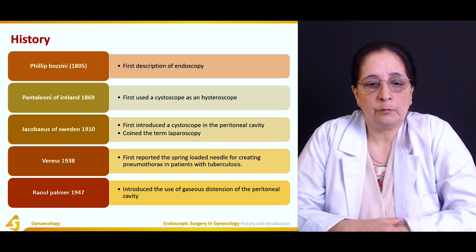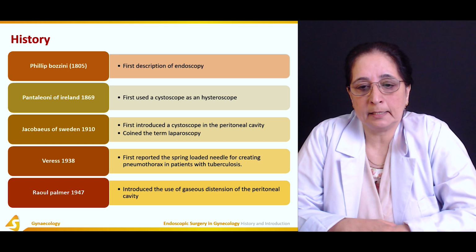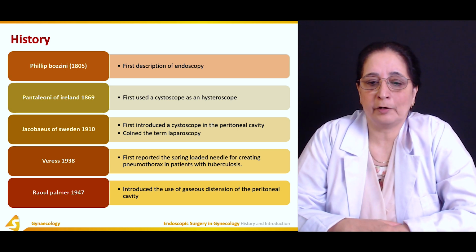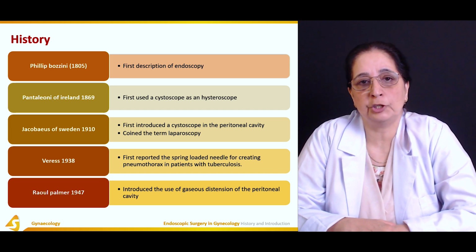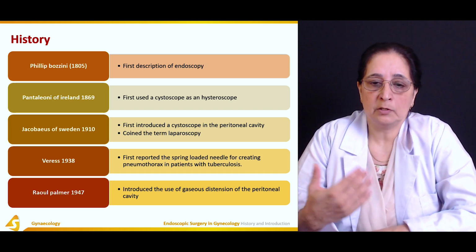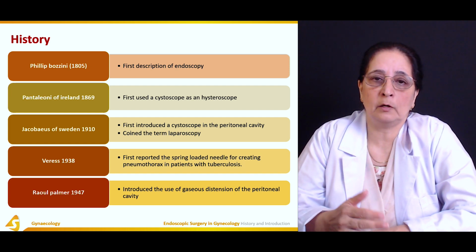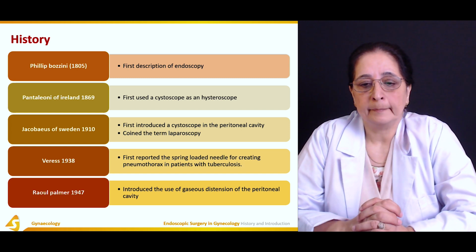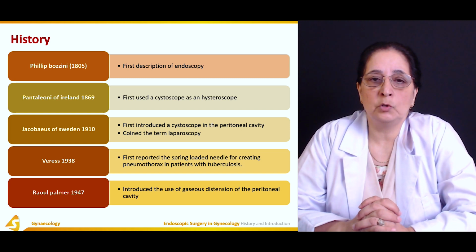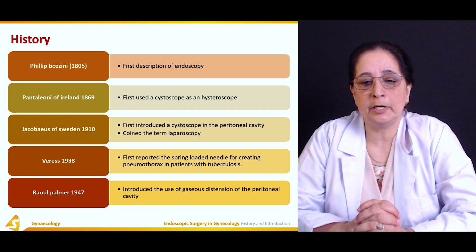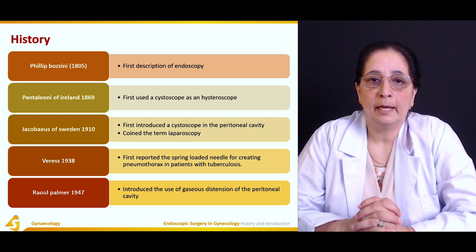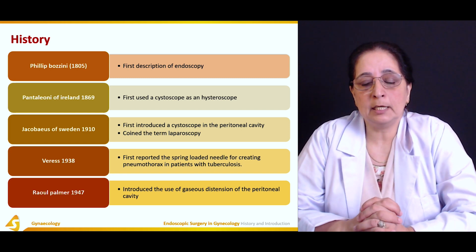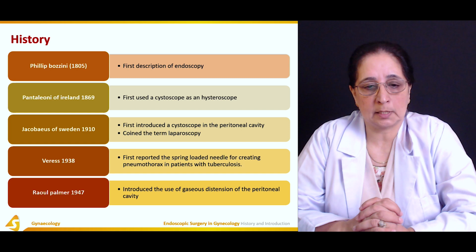Then after that, Voorhees in 1938 first reported the spring-loaded needle for creating pneumothorax in patients with tuberculosis. So step by step, these developments were advancing. He first started the use of the syringe for creating pneumothorax, for inserting air. Pneumo is air in the chest, for treating patients with tuberculosis.